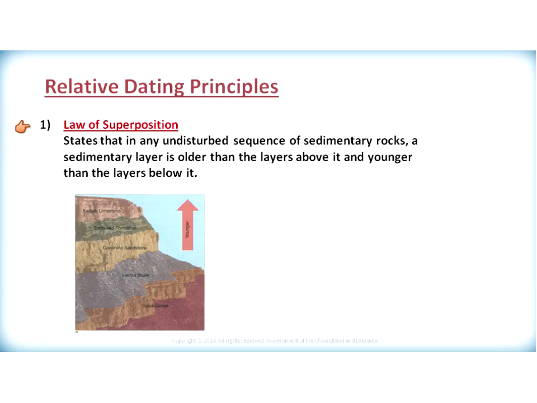The law of superposition states that in any undisturbed sequence of sedimentary rock, a sedimentary layer is older than the layers above it and younger than the layers below it. So if we refer to this diagram, we will notice that the layer here outlined in purple is relatively older than the brown layer, which is older than the next layer up, and so on until we get to the very top layer, which is the youngest.